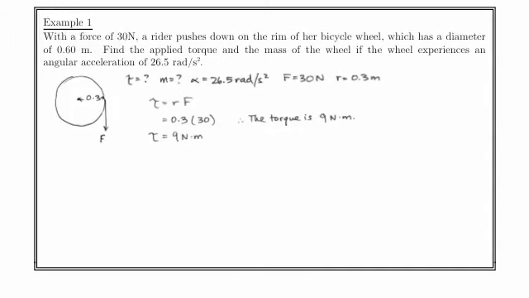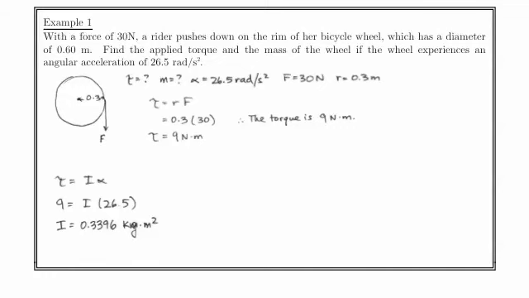We can now use this result: the torque is equal to I alpha. We know alpha, and we've just found torque. So we can make a quick substitution, and we find that the moment of inertia of this bicycle wheel is 0.3396.